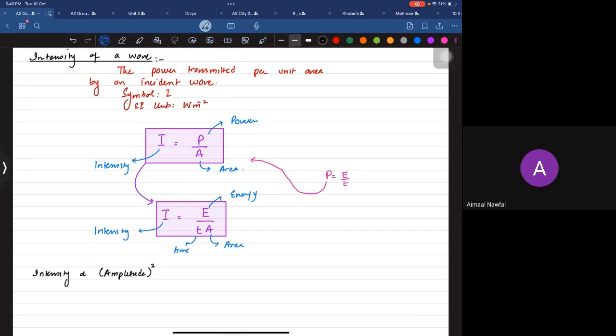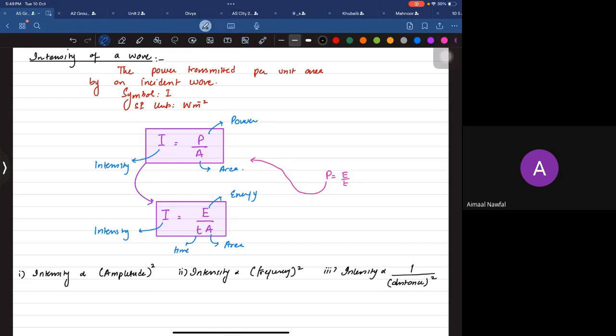The second relationship of intensity is also proportional to the frequency whole squared. And the third relationship of intensity is basically intensity is inversely proportional to the distance whole squared, which means that if the amplitude increases by 2, the intensity would increase by 4 times.